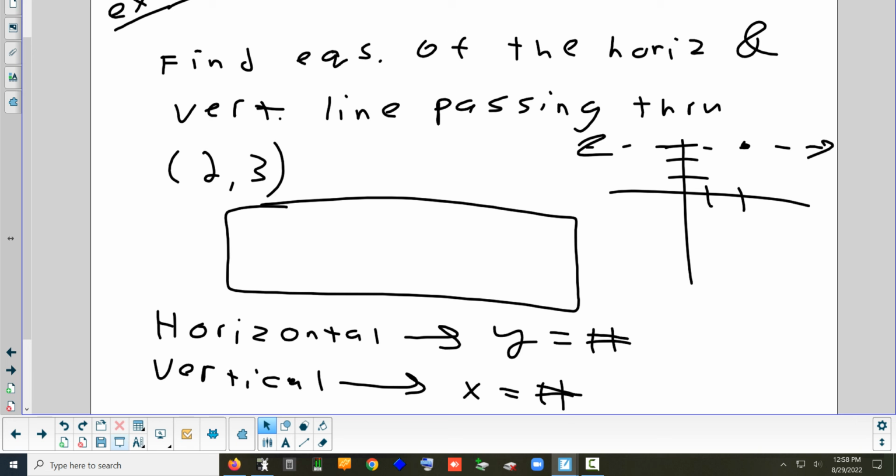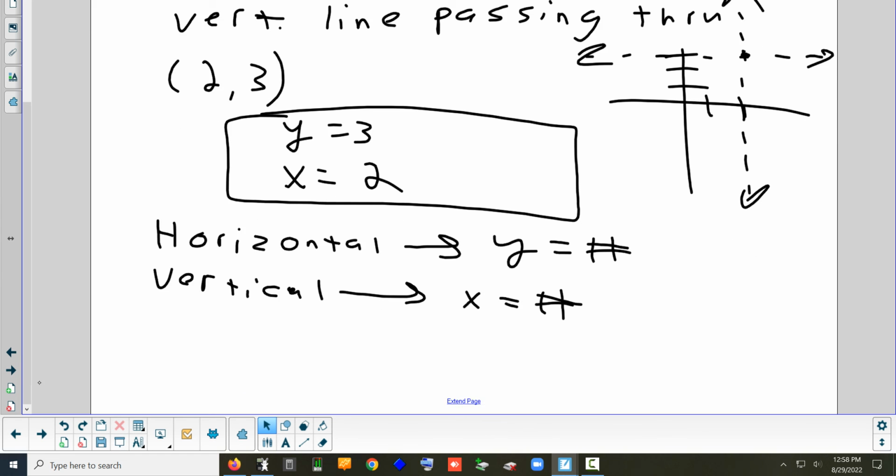Yeah, Christian? Y equals 3. Yeah, it's y equals 3. And the equation of the vertical line that goes through that point? Yep, Cassidy? X equals 2. Okay, so those are 2 special cases. Not y equals mx plus b, but still lines.